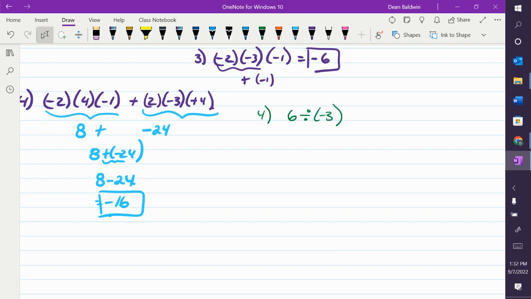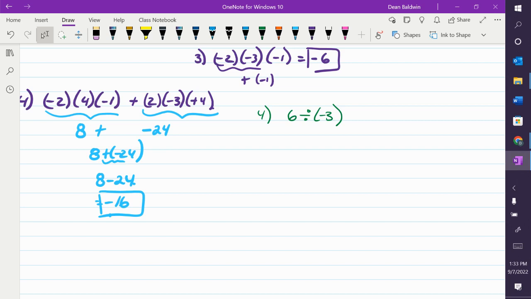Are you used to that? Okay, so obviously that's a division sign, correct? And the rules for division are the same as the rules for multiplication when it comes to signs, right? So a positive 6 divided by a negative 3 should be what? Positive or negative?